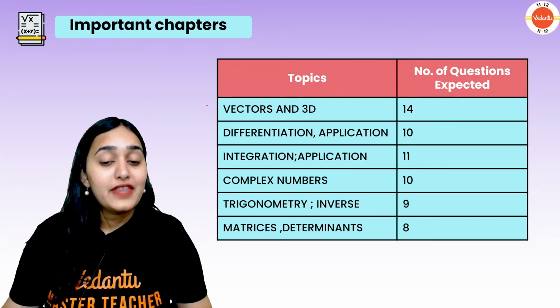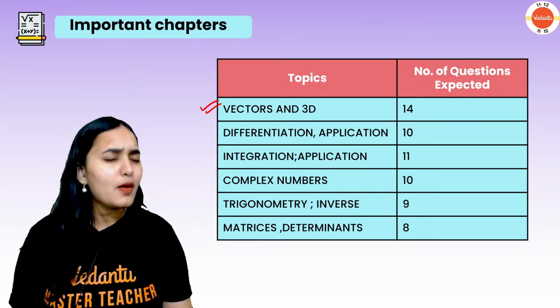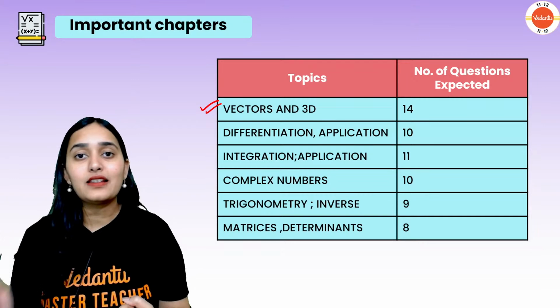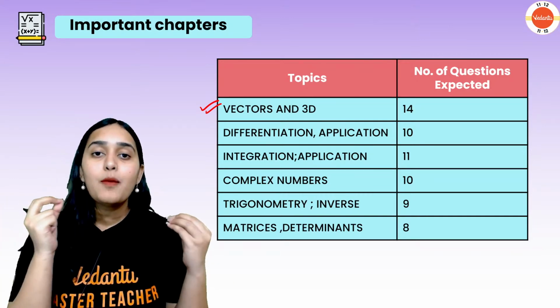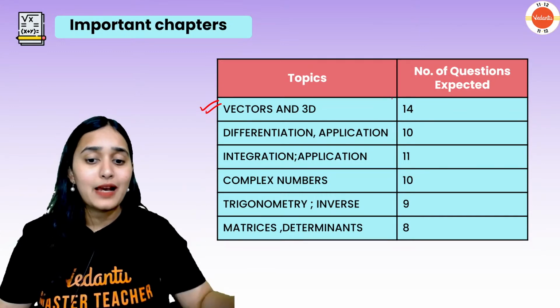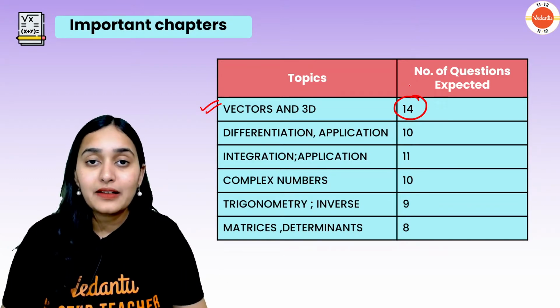One of them is vectors and 3D. In your question paper, you will see so many questions from straight lines, lines in 2D space, lines in 3D space, planes in 2D space, planes in 3D space, point representation, vector representation, cross product, dot product, and so on.